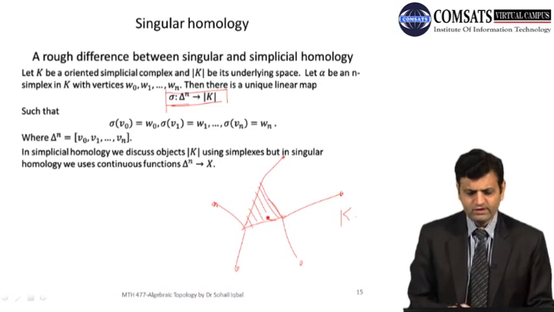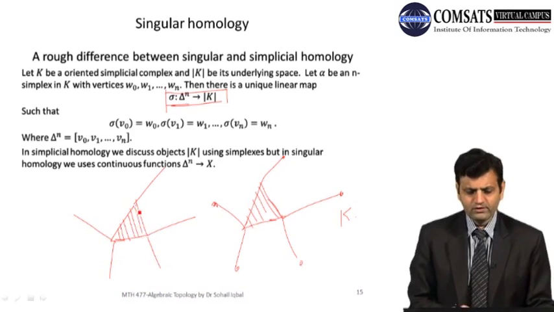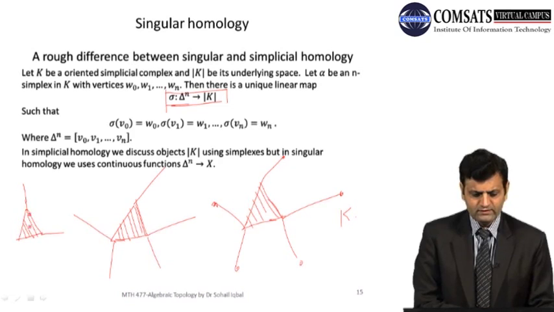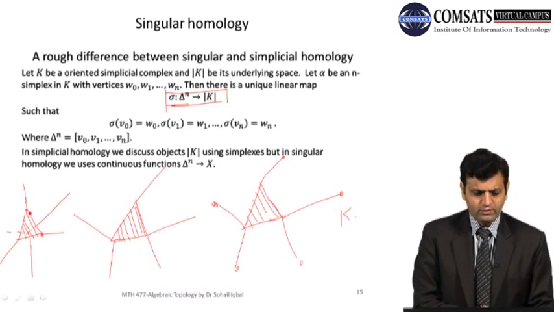So the underlying space of this is basically this space. Notice that I'm not drawing vertices. This is the underlying space, and we can define a function from this standard n simplex. Okay, so this is the standard n simplex, and these are the coordinate points.